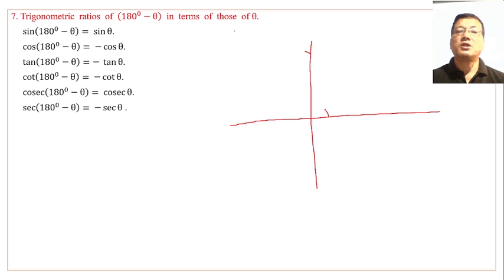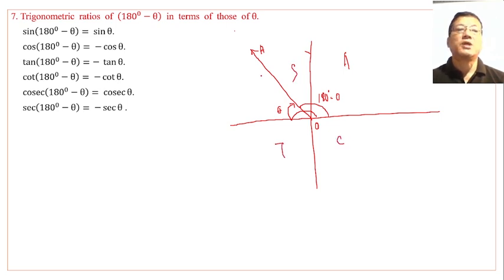In the first quadrant and the second quadrant, the revolving line for angle 180 degree minus theta lies in the second quadrant, where only sin and cosec are positive, others are negative. That is the all sin tan cos rule.